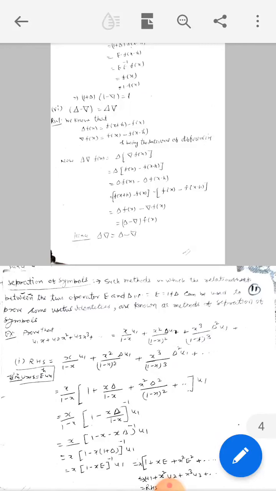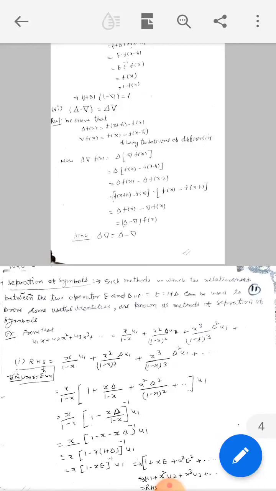Sixth result, delta minus nabla is equivalent to delta into nabla. We know that the forward difference of f(x) is equal to f(x plus h) minus f(x), and the backward difference of f(x) is equal to f(x) minus f(x minus h).